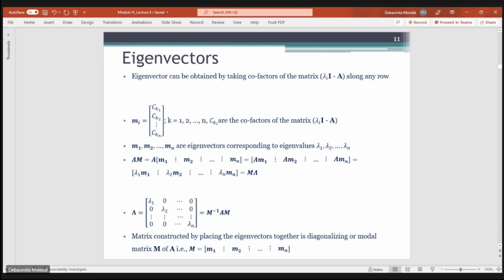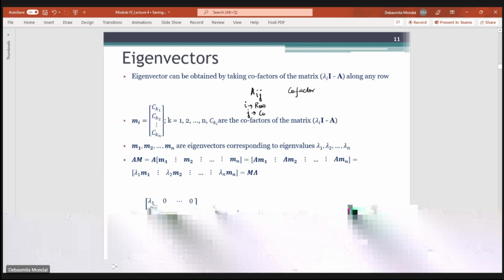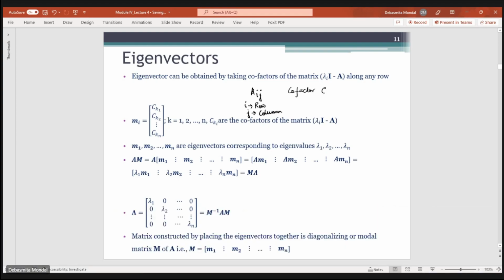If the matrix given to you is Aij, where i is the row and j corresponds to the column, then the cofactor Cij will be equal to minus 1 to the power i plus j into the determinant of the minor Mij.